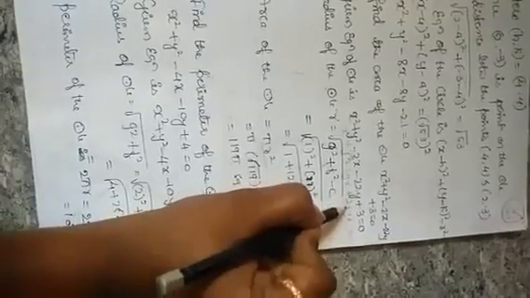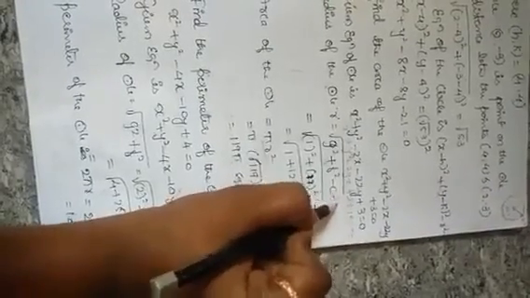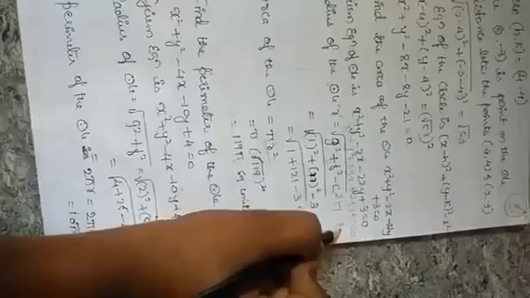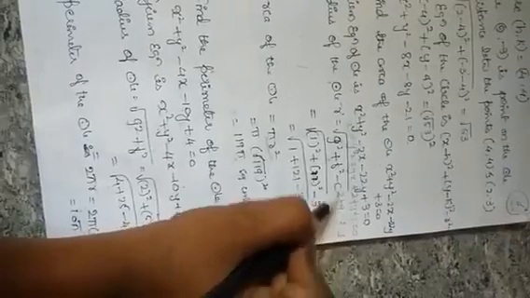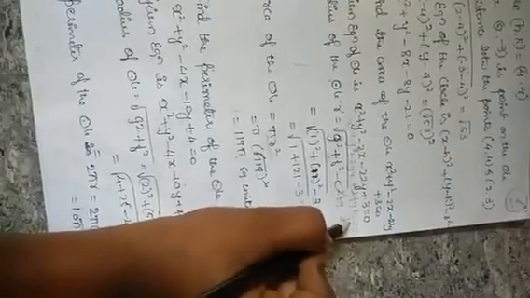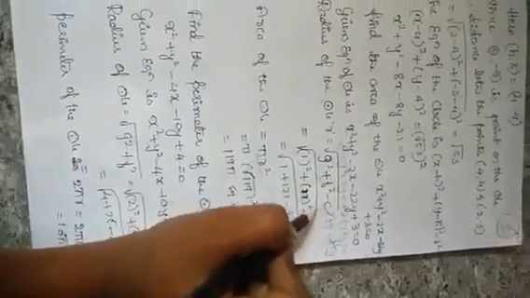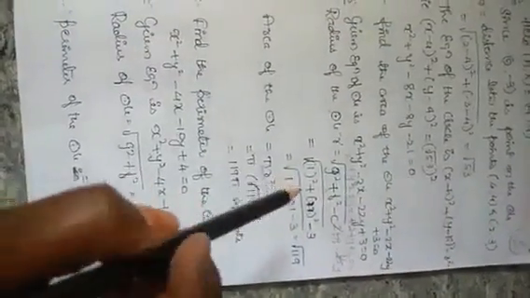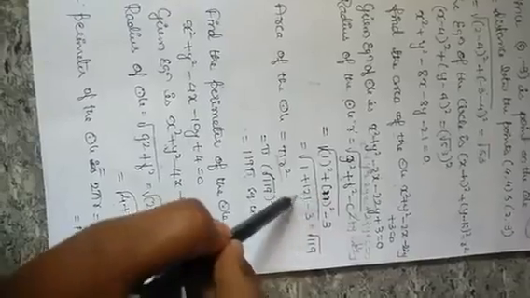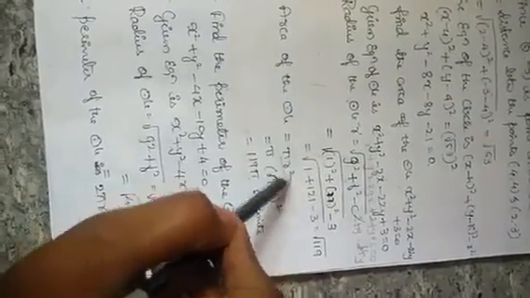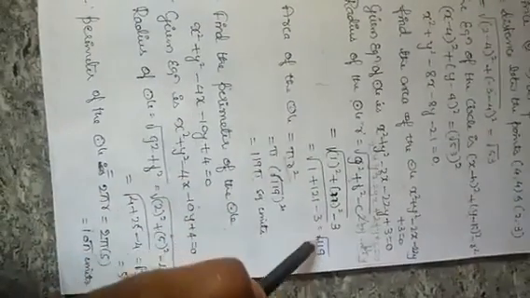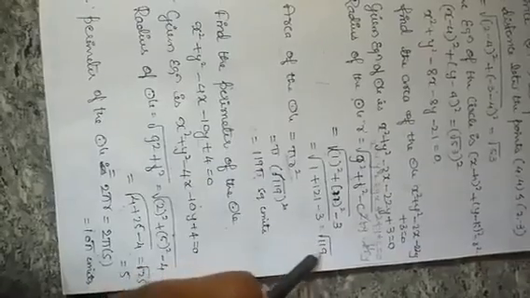Here 2f y is 22y, so y cancels, and f value is 11. Then 11 square is 121, 1 square is 1, minus 3, which equals root over 119.